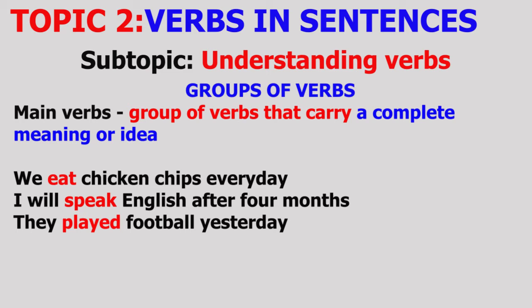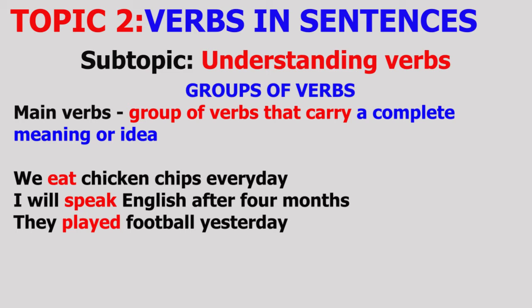As I have said, main verbs are those that carry a complete meaning or idea. If you take eat from the first sentence, speak from the second sentence and played from the third sentence, you will see that eat, speak, and played are meaningful by themselves. So they carry a complete meaning. That's why they are called main verbs.